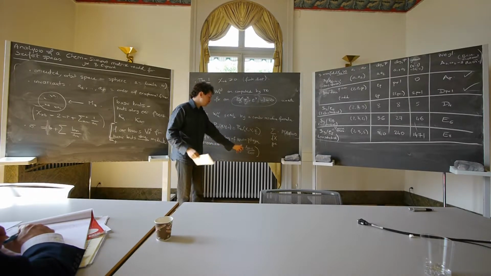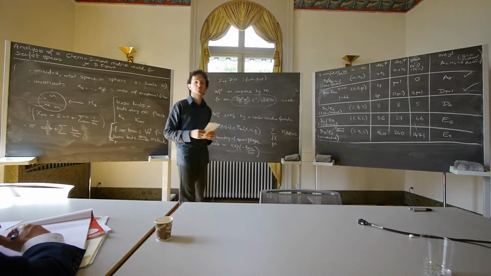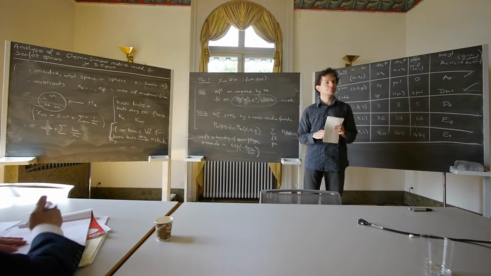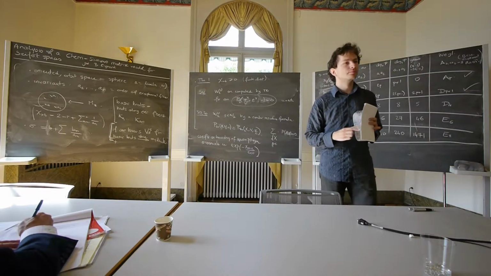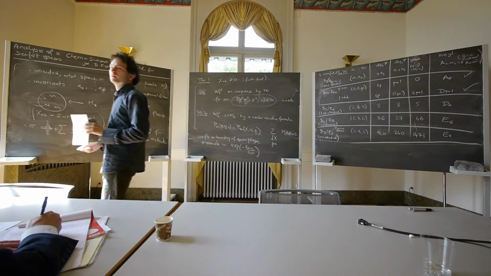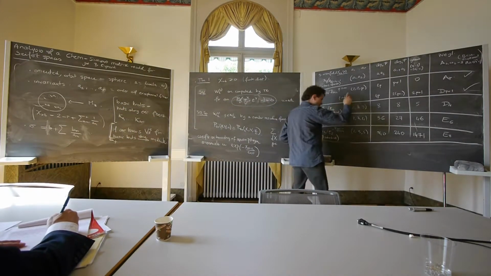So those things are monomials in exponential of u, maybe divided by some integer. So the sums of these monomials are products of cyclotomic polynomials? I think, if I remember correctly. We can check that after. Because then we have it for all cases very explicitly.